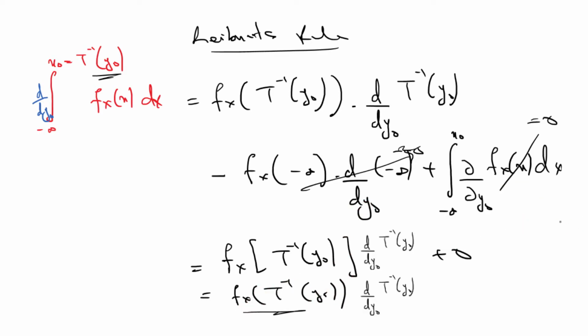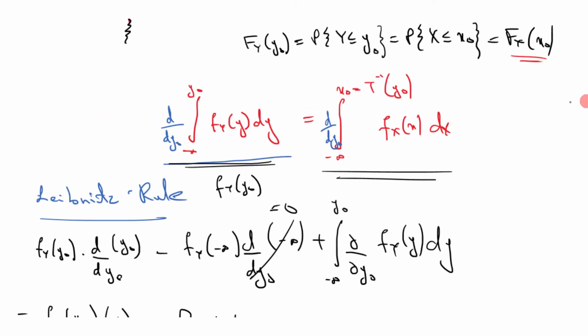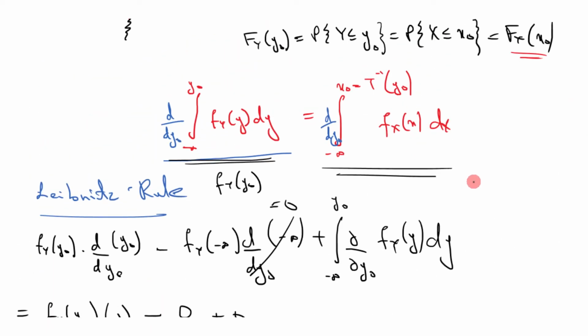So putting this value here, what you will have is fx of t inverse of y naught into the derivative of x naught.